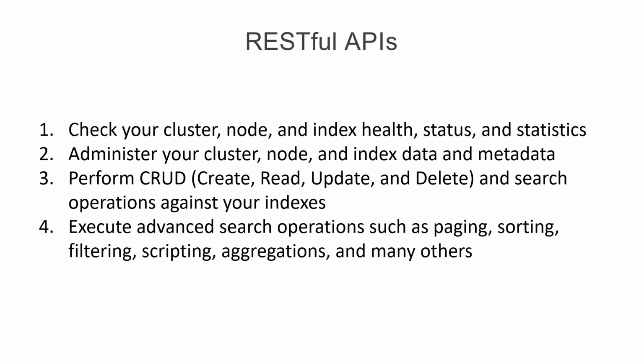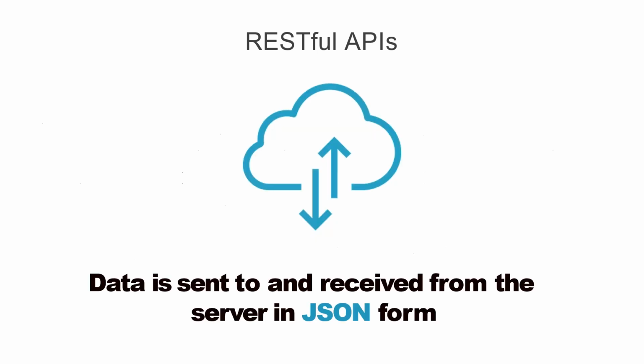Developers can also do CRUD operations on the indices, and search, executing advanced operations such as paging, sorting, filtering, scripting, aggregation, and many other things through the API. In a simple way, for everything, the RESTful API for Elasticsearch is on port number 9200. Remember that.